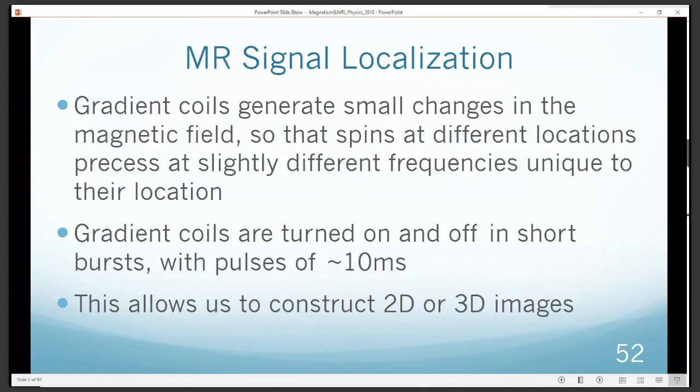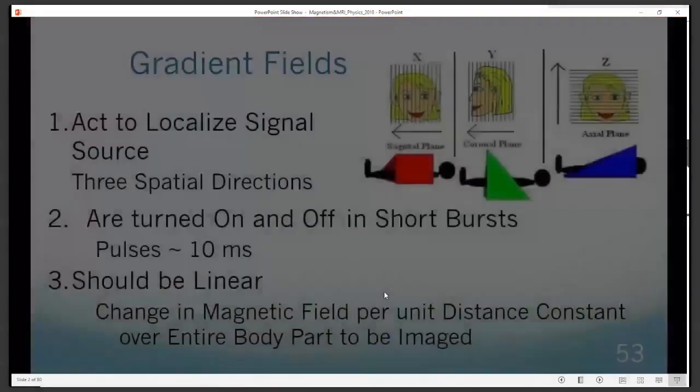Typically, in MRI pulse sequences, gradient coils are turned on and off in short bursts on the order of 10 milliseconds or less. And this encodes the spatial information into the NMR signal and allows us to construct our 2D or 3D images using the same Fourier transform that I just showed you.